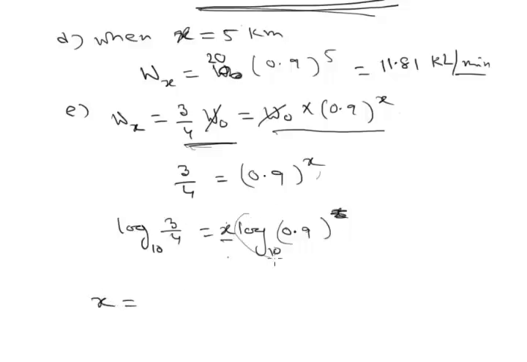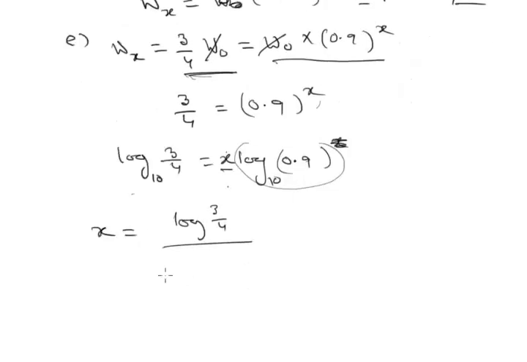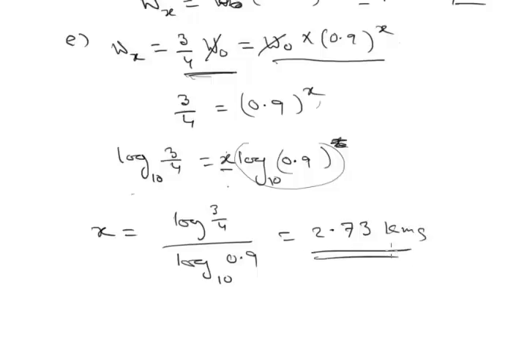If we bring these things to the left hand side, it will be a division. We get x equals log 3/4 divided by log of 0.9. If we use a calculator, we will get the value of x as 2.73 kilometers. So after 2.73 kilometers, 1/4 of the water will be evaporated.